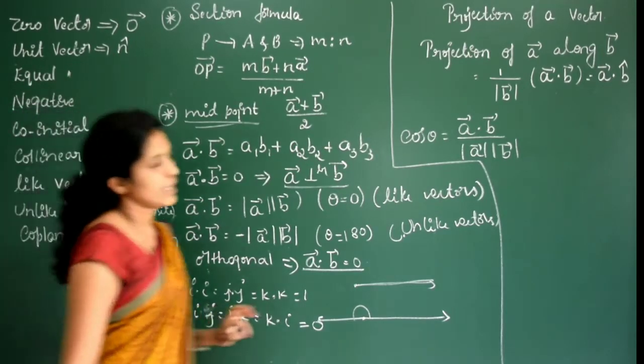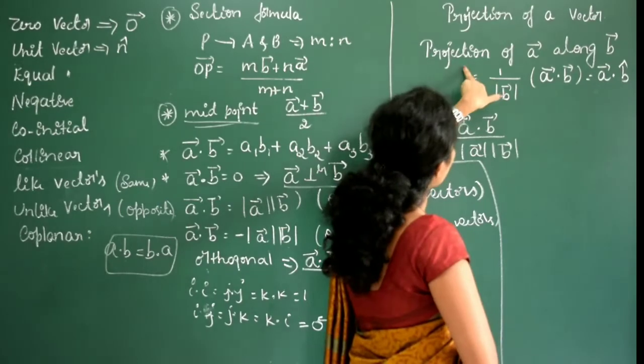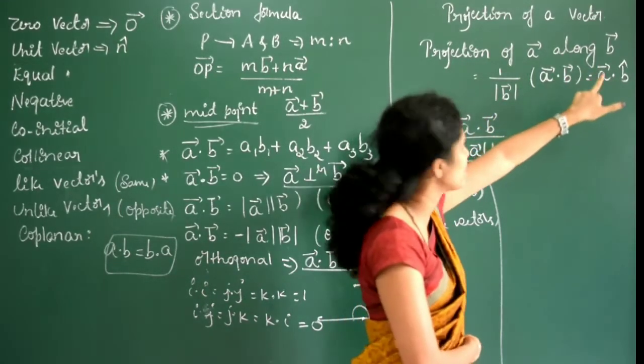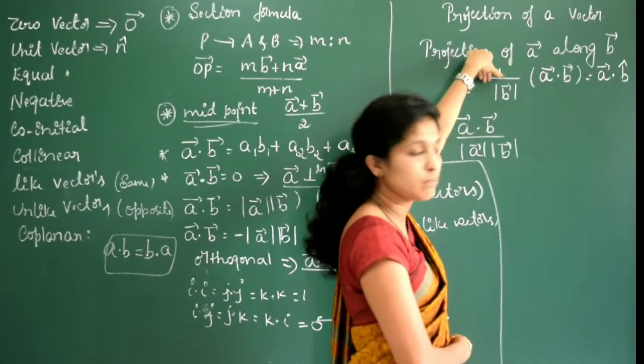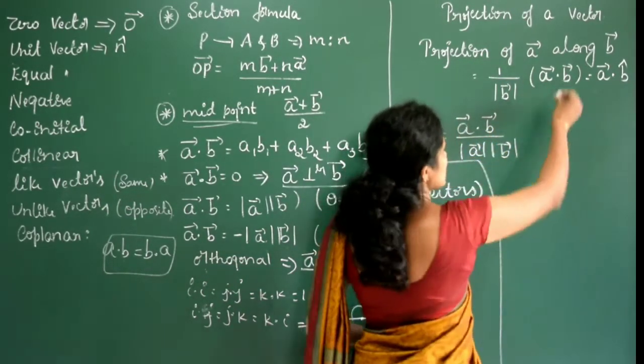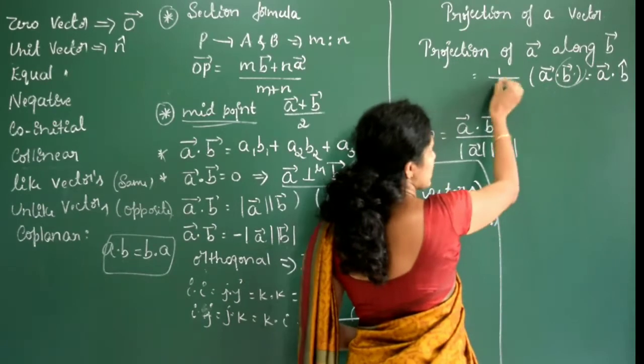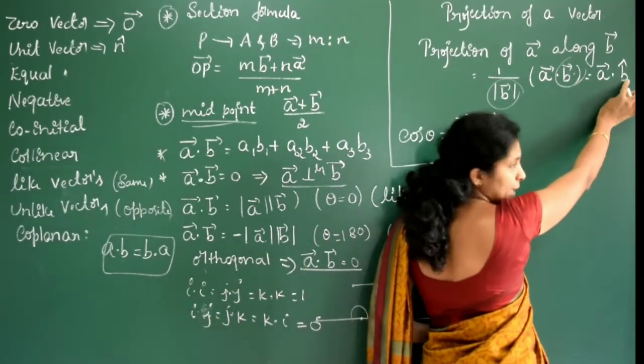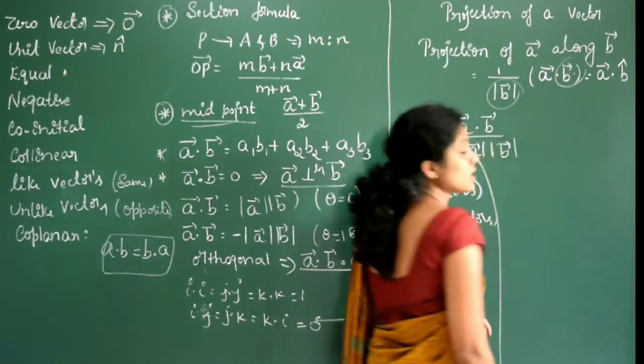Okay. Next, projection of a vector. Projection of a vector along b vector is given by 1 by magnitude of b vector times a vector dot b vector. See here, b vector divided by magnitude of b vector is equal to b cap, the unit vector, dot product with a vector.